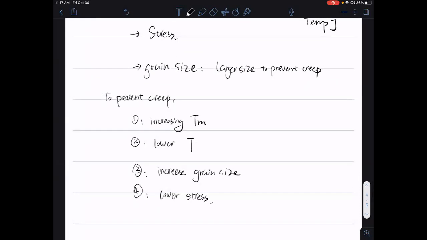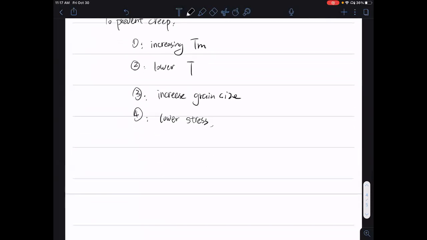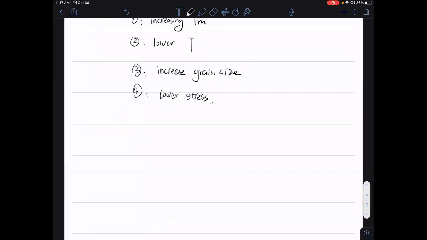So now let's look at what's the result of the creep test we get. Once again, for the fatigue test, the result is called S-N diagram. So for creep, we also have a diagram. Creep test.